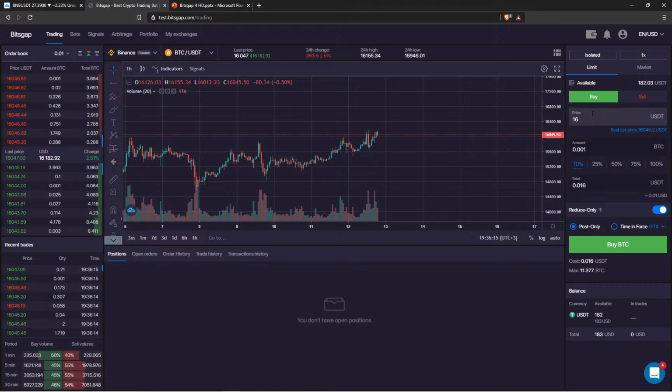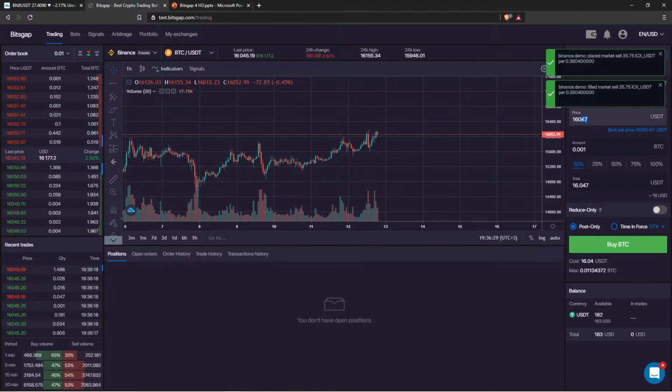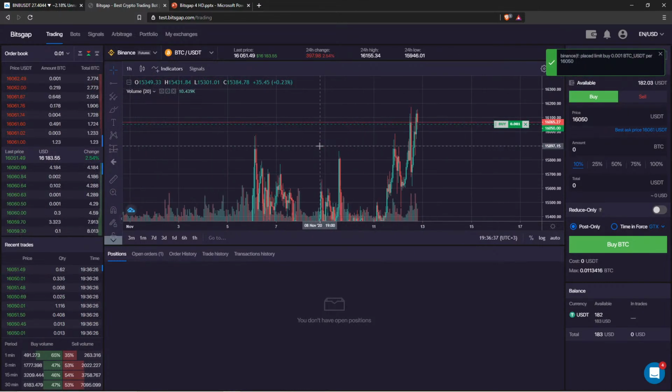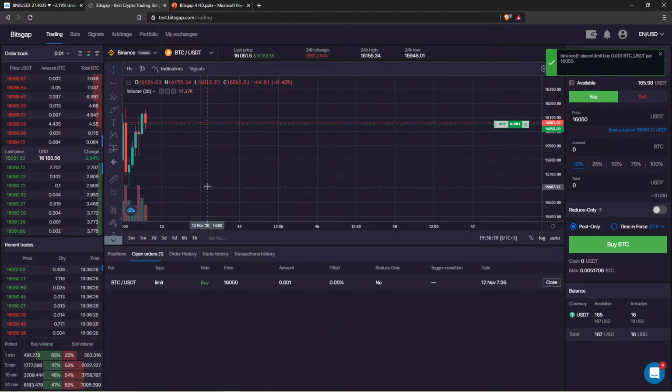Let's use 47. So now you will find your order on the chart as well as in open order.